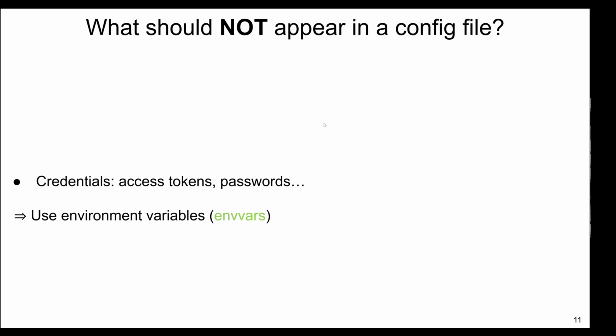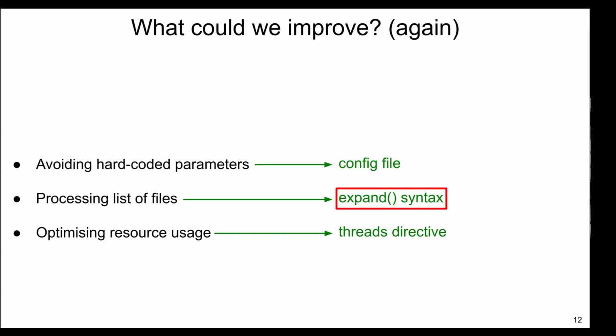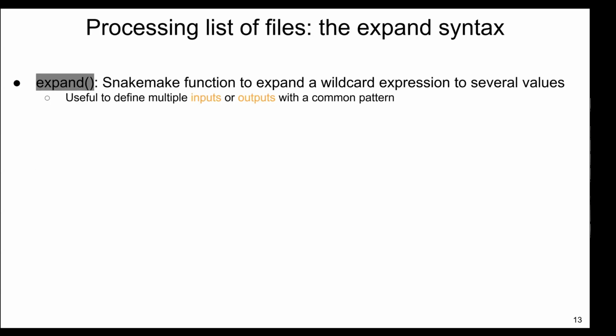Okay, all right. So now, how to process efficiently a list of files? Most of the time that's using the expand syntax. It's a Snakemake function that aims to expand a wildcard expression to several values.